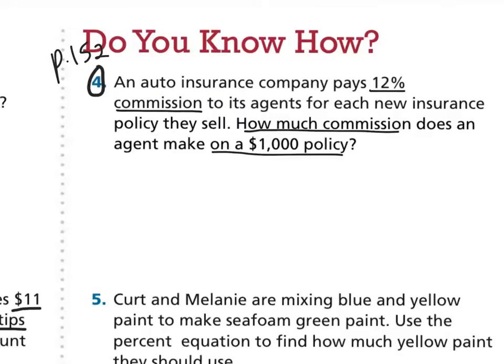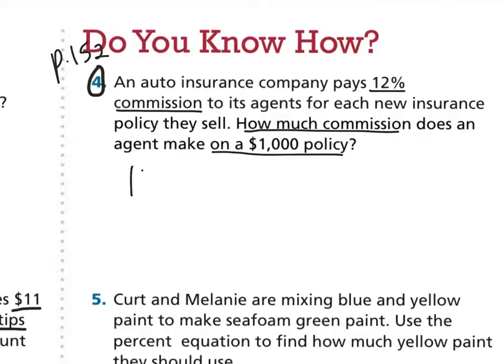So before you work this problem, you could do a quick estimate, and thinking about 12%, that's kind of sort of close to 10%. 10% is 1/10, so taking 1/10 of 1,000, or you could do basically the same thing, would be 1,000 divided by 10, which would be $100. So we're expecting 12%, a little bit higher than 10%, so a little bit more than $100 we might be expecting for our answer.